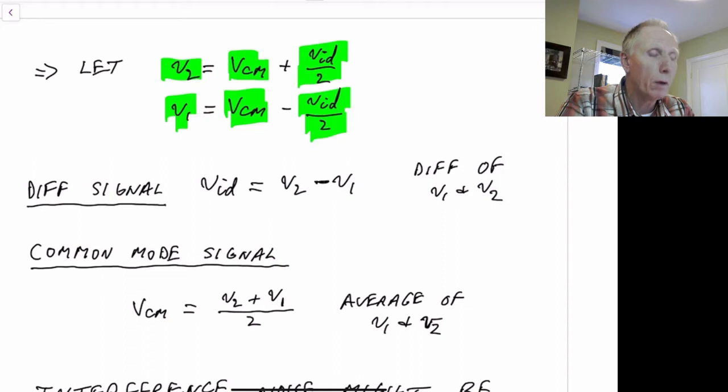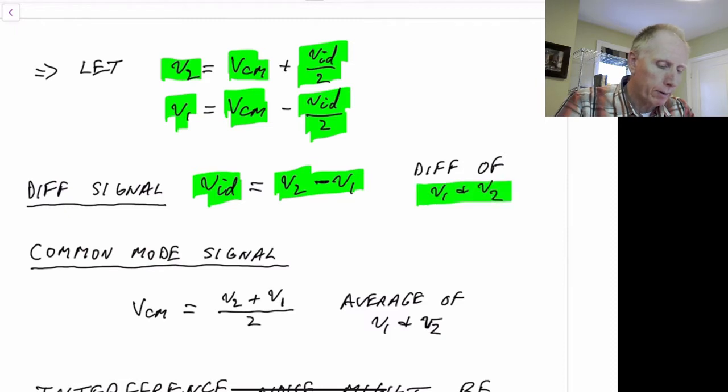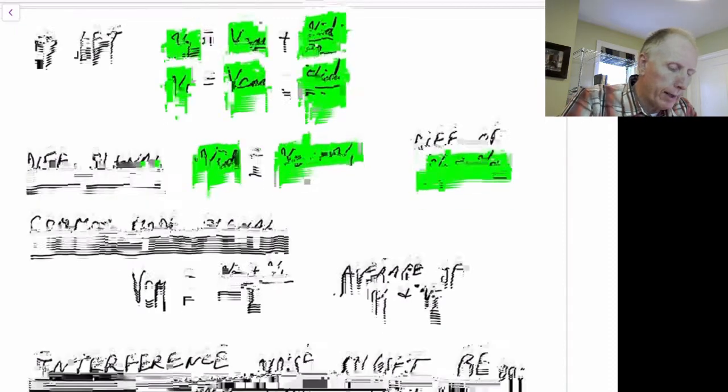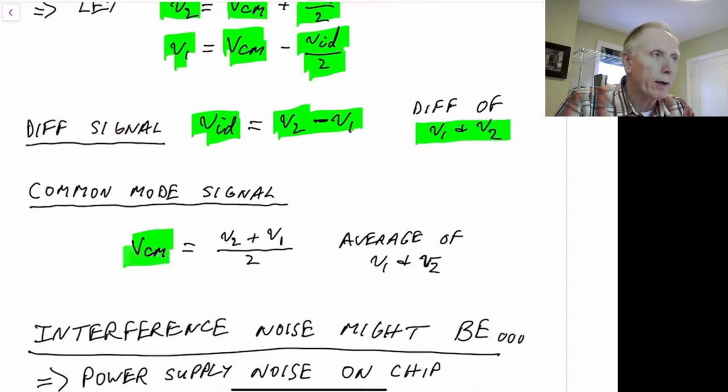So here we'll see that the differential signal VID will be defined to be V2 minus V1, or the difference between V1 and V2. A common mode signal, V sub CM, is defined to be the average of the two voltages. So it'd be given as V2 plus V1 divided by 2, which is the average of V1 and V2.